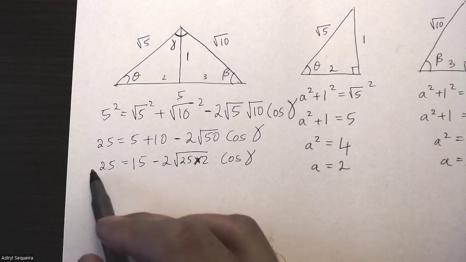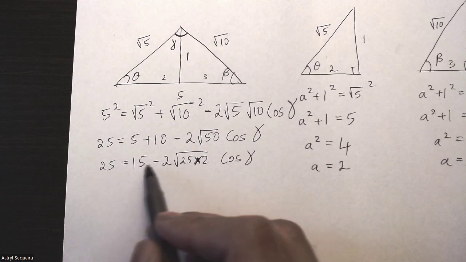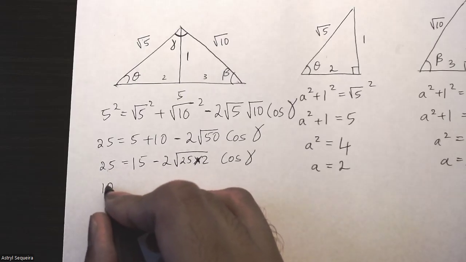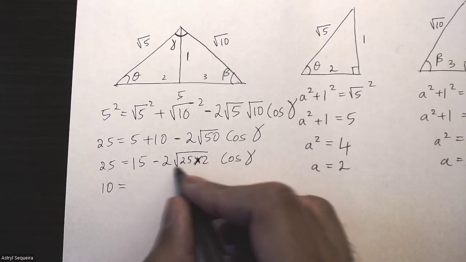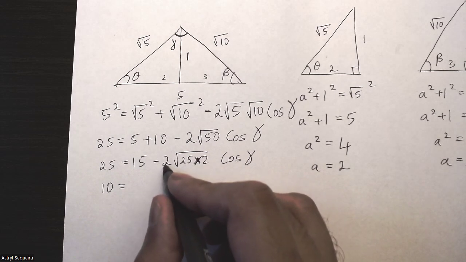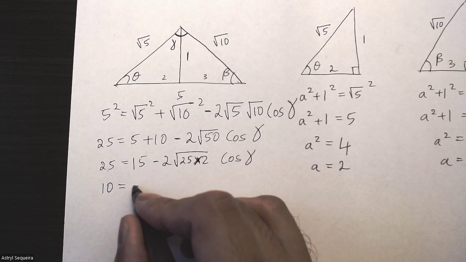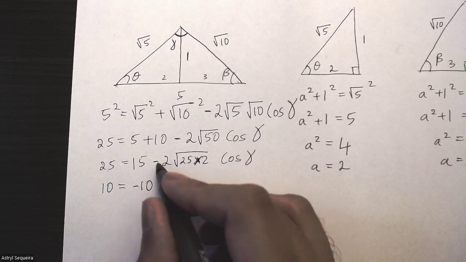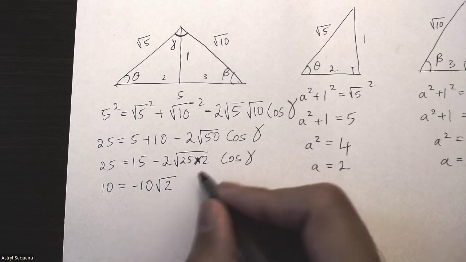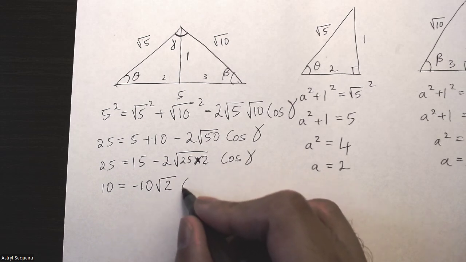Then I'll subtract the 15 on this side here. I can't combine these two because this is multiplying here. So 25 minus 15 is 10. And I'll simplify this square root. So if I square root 25, it becomes a 5. If I multiply 5 on the outside, this becomes negative 10. There's still a 2 on the inside of the root.